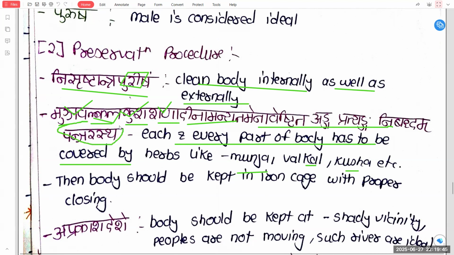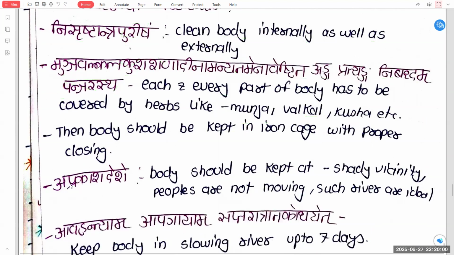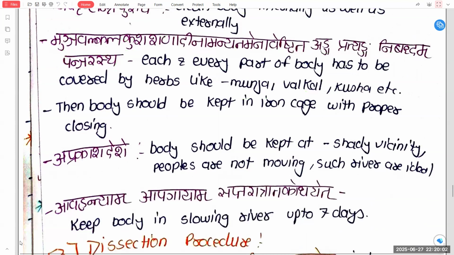What is panjarastham? Panjarastham is a cage. Okay, a cage which is made of iron. So you have to first cover the body with these herbs, and then you have to keep the body in the iron cage with proper closing.